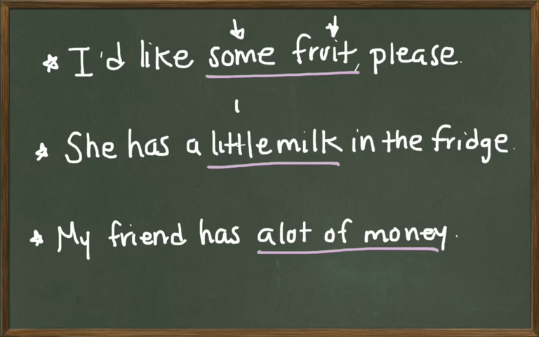We have then again our expression little and our uncountable noun next to it. Also, remember that it's in singular form. The next one, my friend has a lot of money. Then again, we have the expression and our uncountable noun in its singular form.